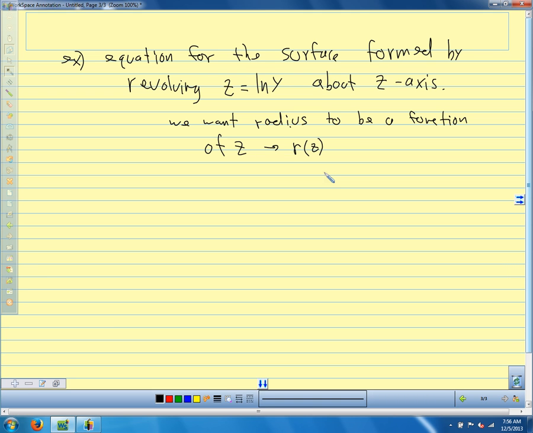So how are we going to get a function of z for our radius function? What can we do here? Any ideas?